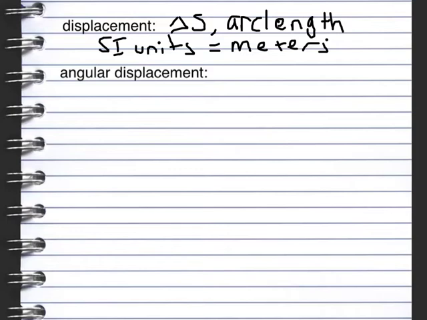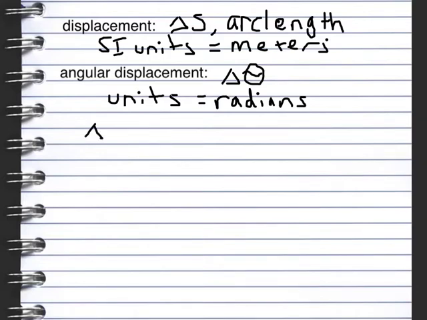But if you want to talk about angular displacement, we're talking about an angle, and the symbol that we use for that is a delta theta, and the units are radians. And the whole reason that we use radians is that to go from one to the other, if you're using radians, you take that angular displacement, multiply it by the radius of the motion, and you get your arc length.